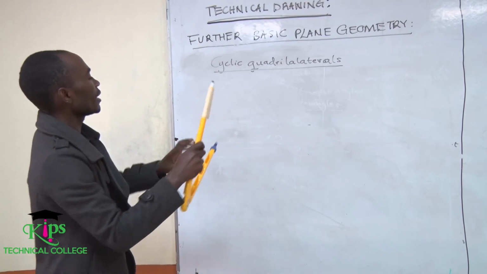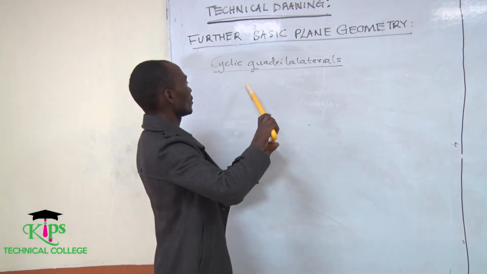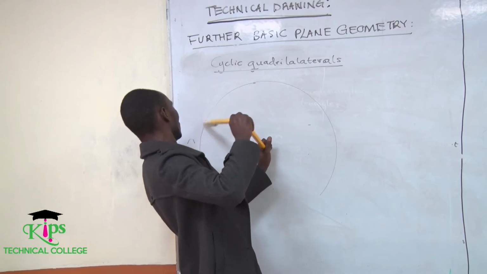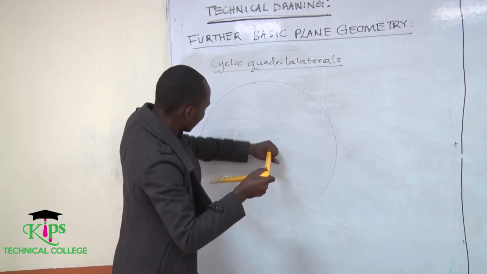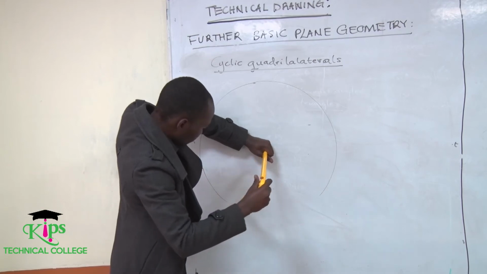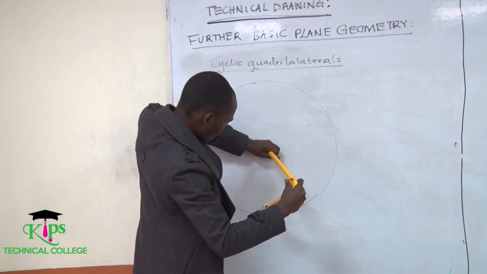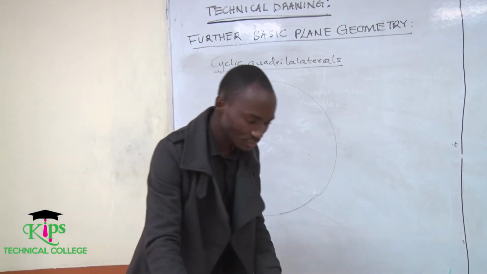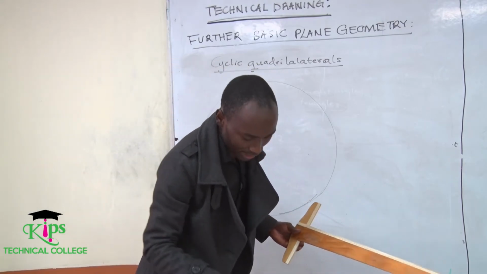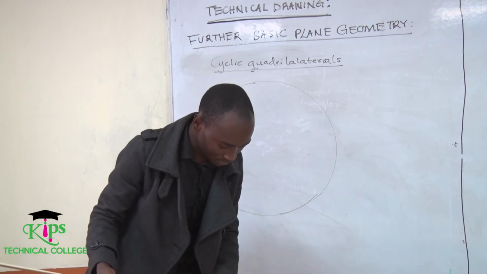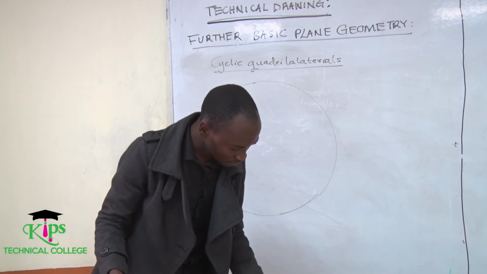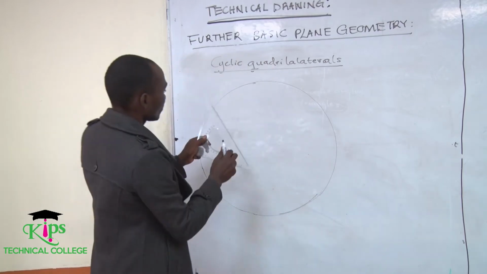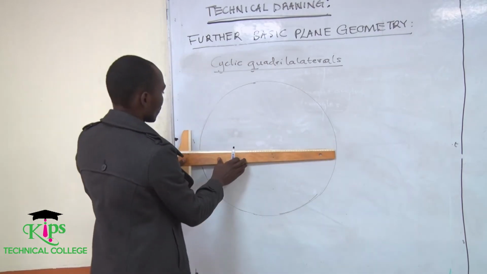So we may take a circle of this nature. Assuming that this is my circle, let me divide my circle.